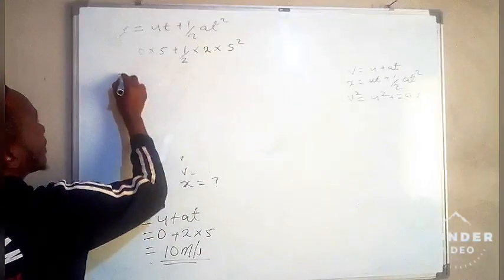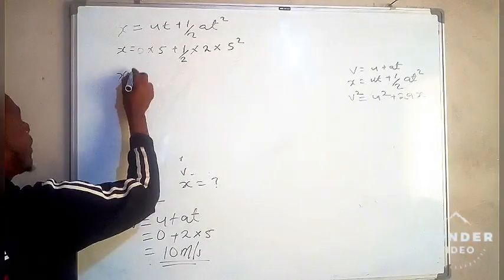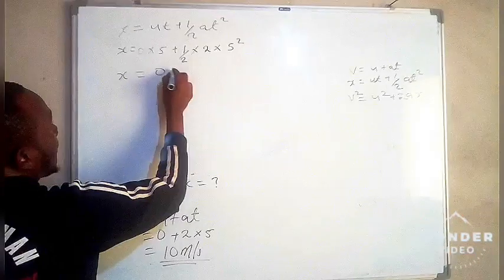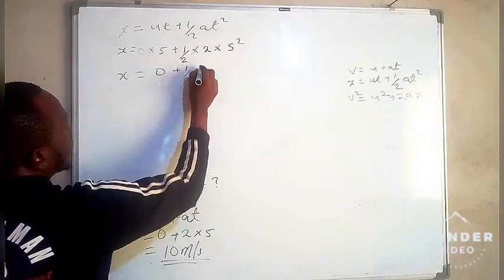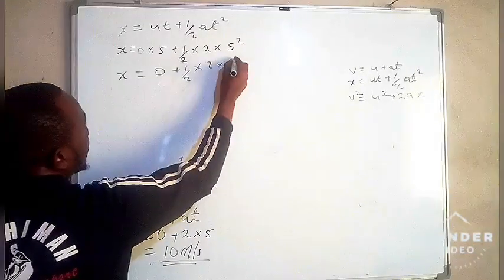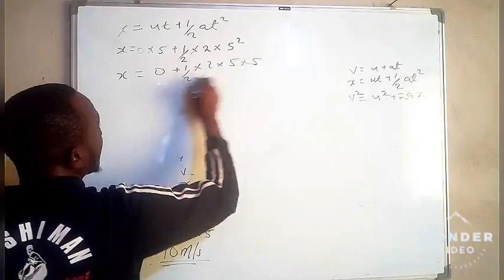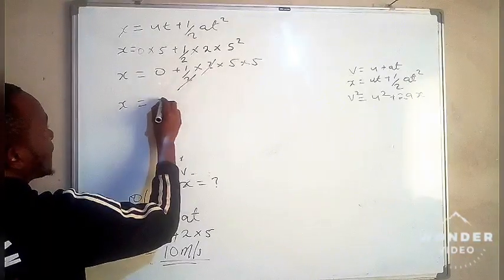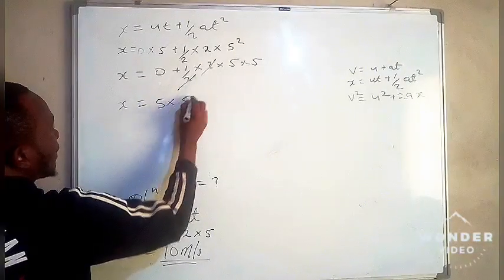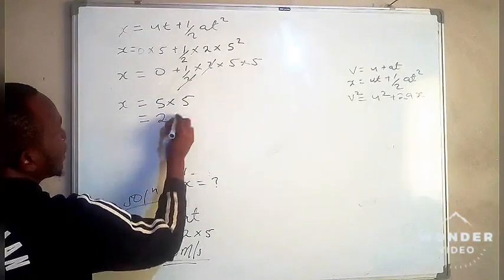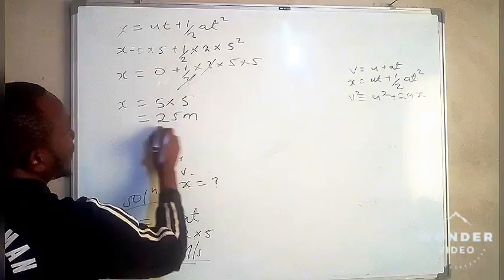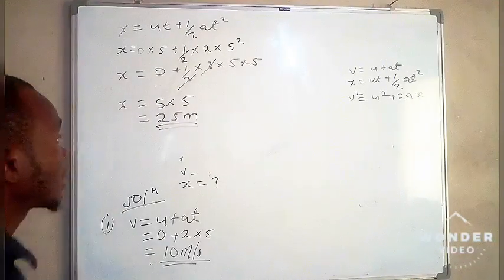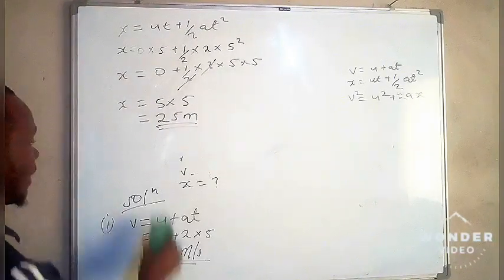So what we're going to have is x is equal to 0 plus 1 over 2 times 2 times 5 times 5. So this and this are going to cancel. What we're going to have is x is equal to 5 times 5, which is 25 meters. Those are the units for distance.